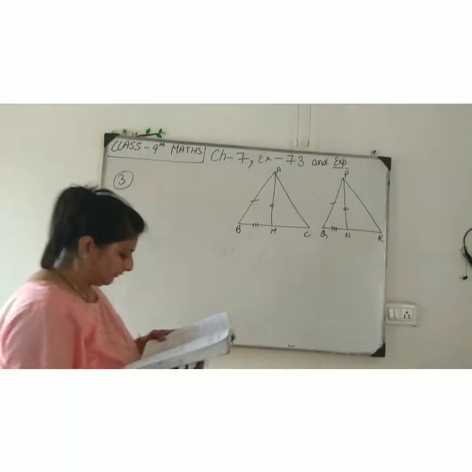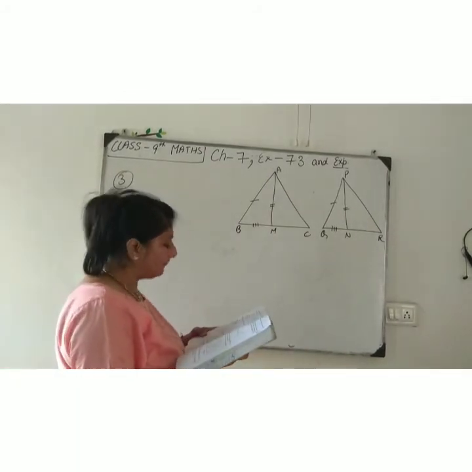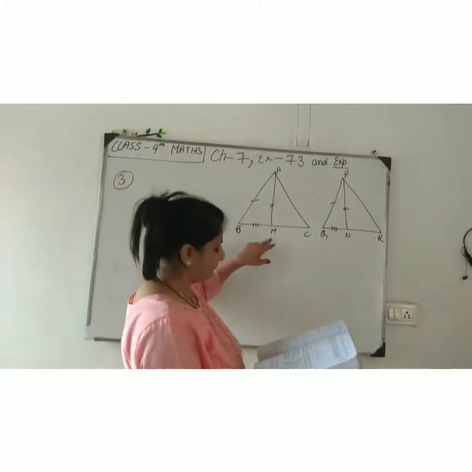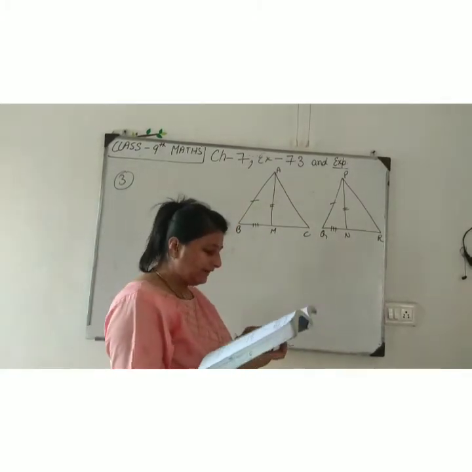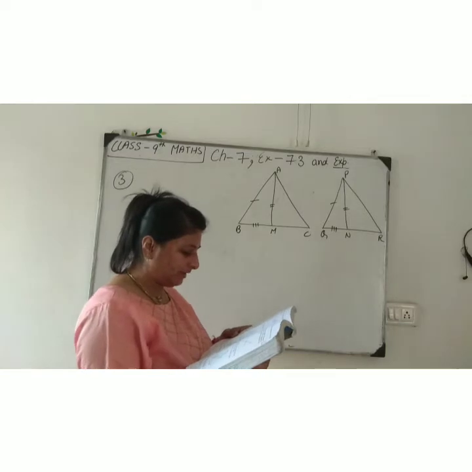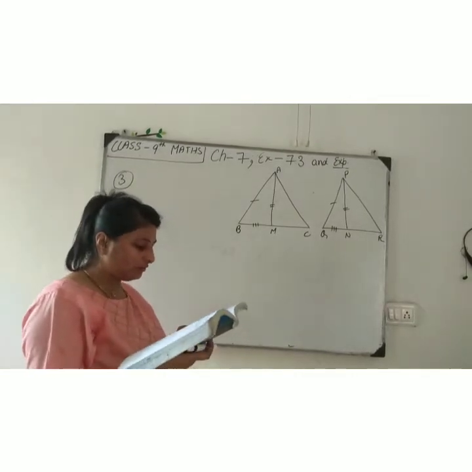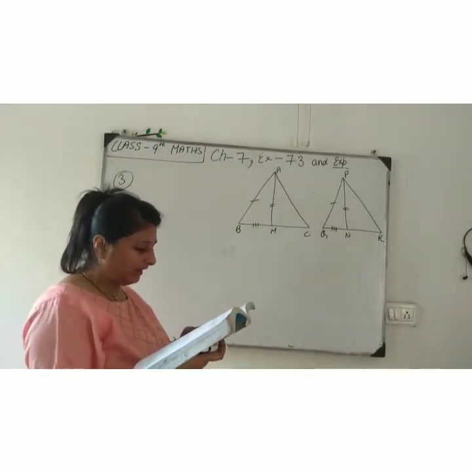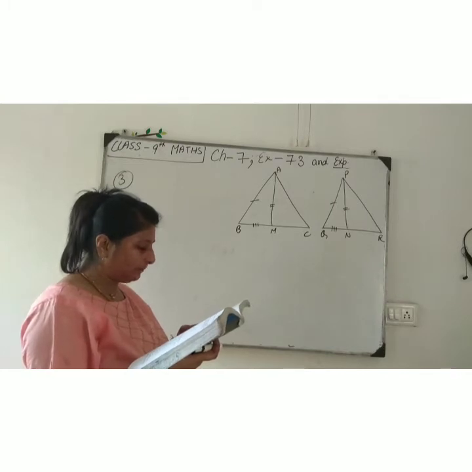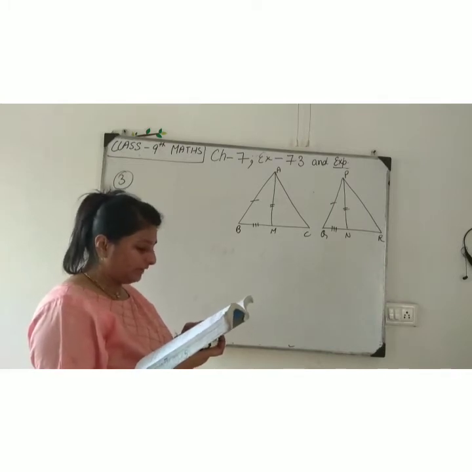Question number 3. Two sides AB and BC, and the median AM of triangle ABC are equal to the sides PQ and QR and the median PN of triangle PQR.